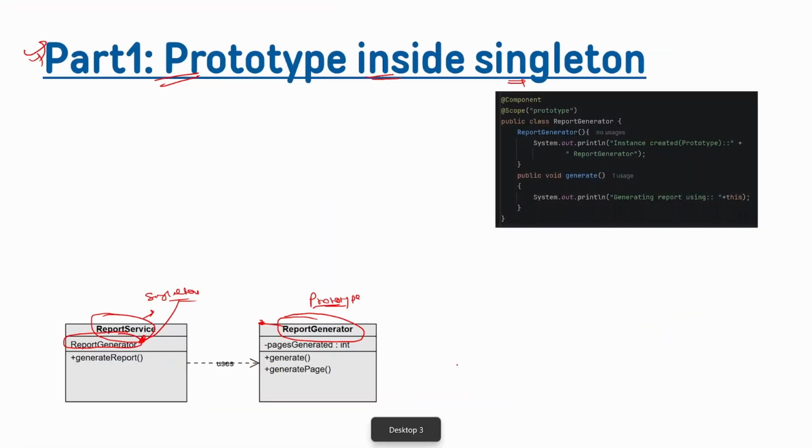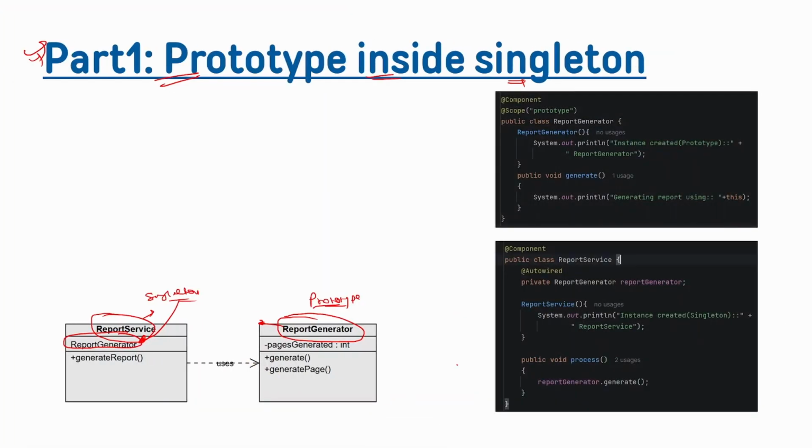So let's see. We have a report generator, and we have used it inside the report service, and we are expecting that every time we call the generate report method, a new report generator should be injected, as it is of type prototype.